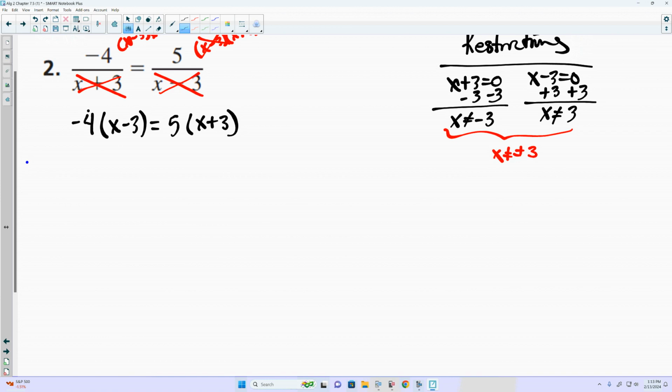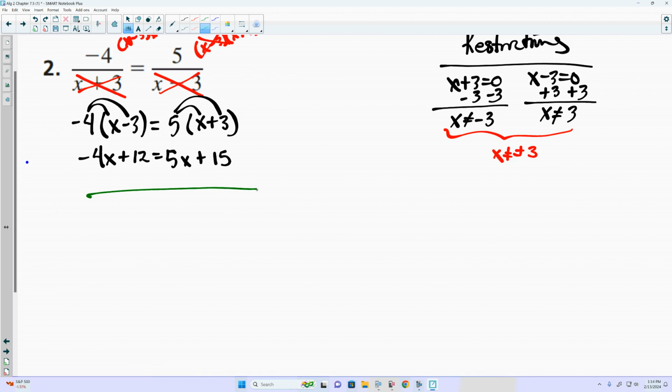Now at this point here, we would distribute the negative 4. And then 5 times x is 5x. 5 times 3 is 15. So we have negative 4x plus 12 equals 5x plus 15.